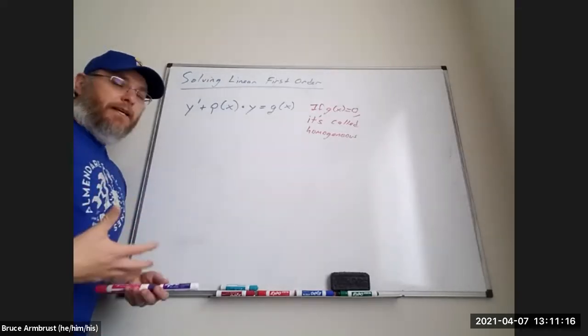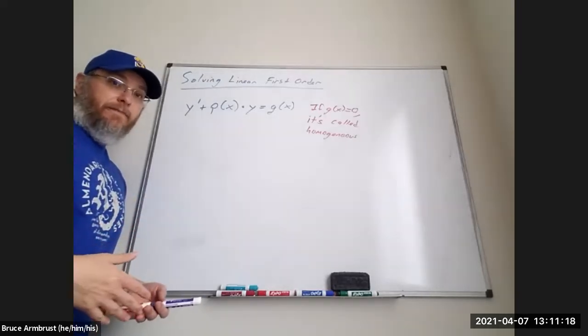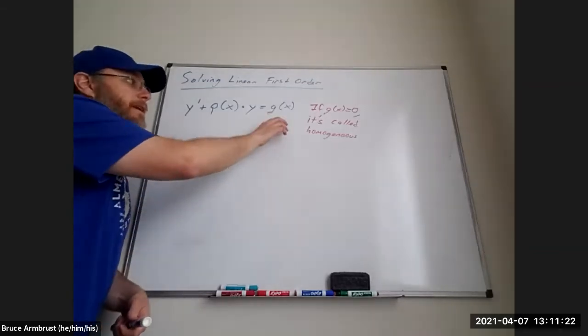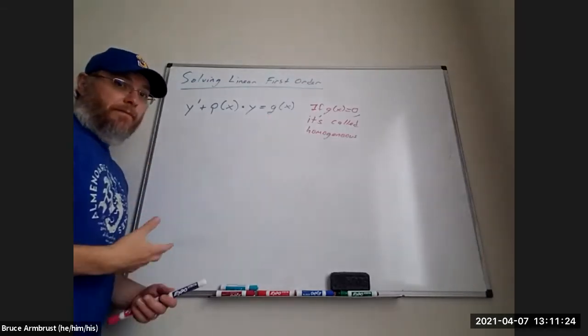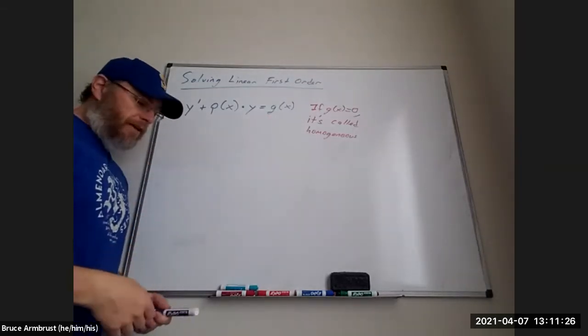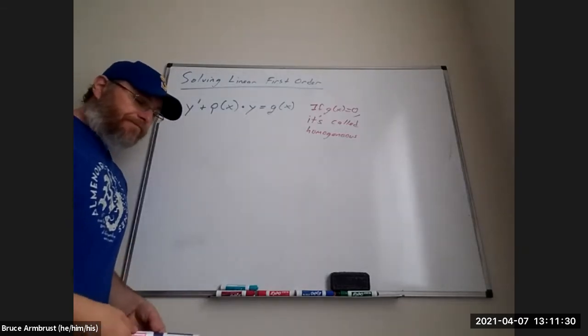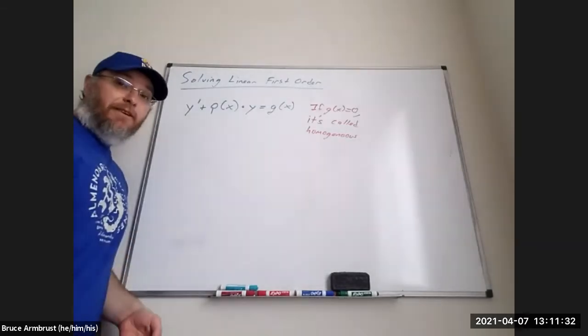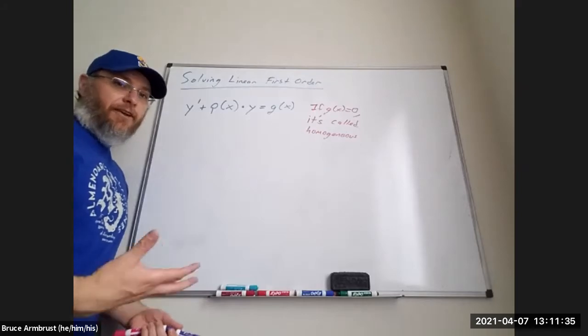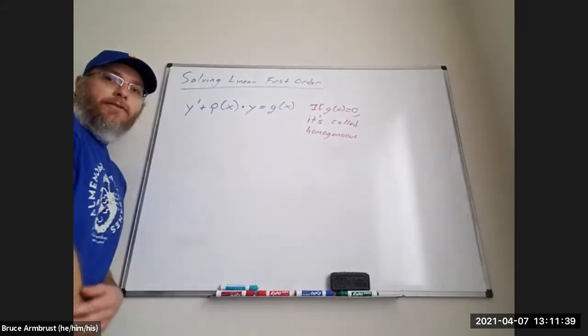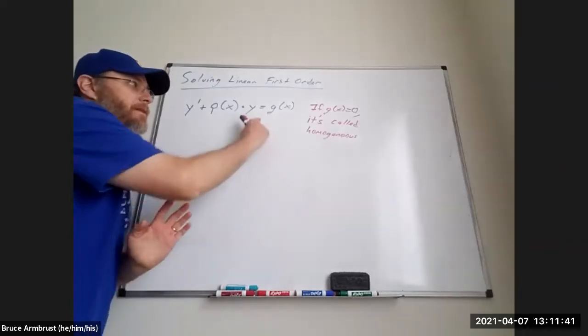But in the context of differential equations, it's a homogeneous differential equation if it equals 0. So if g of x is equal to 0, then this is a homogeneous differential equation. If g of x does not equal 0, it's non-homogeneous. Okay, so if you ever hear me say homogeneous, it just means equals 0.